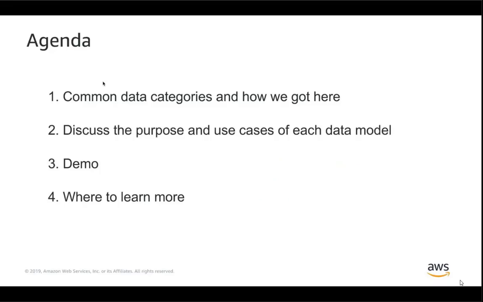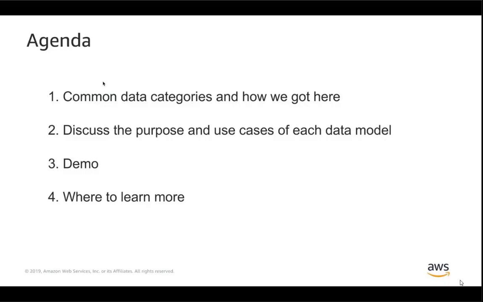So today we're going to go through the common data categories and how we got to this many choices. We're going to discuss the purpose and use case for each of these models. We'll go through 8 different data models, talk about the use cases, the common patterns, and what's unique about these models. Each of these technologies we could go into extreme depth on, as some of these data models have had decades of academic research and industry practice.